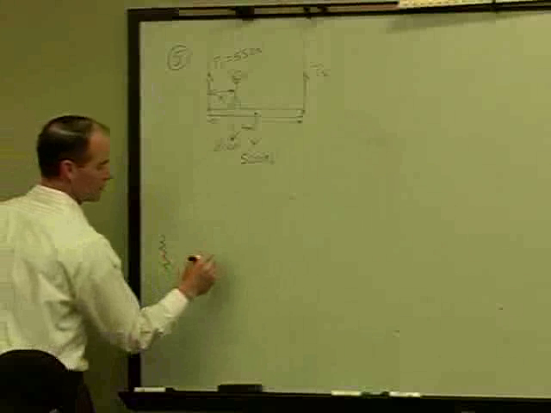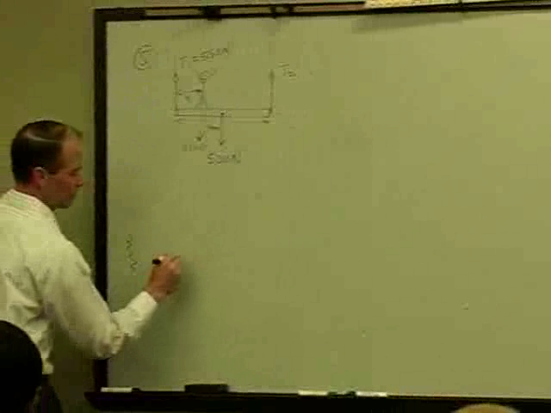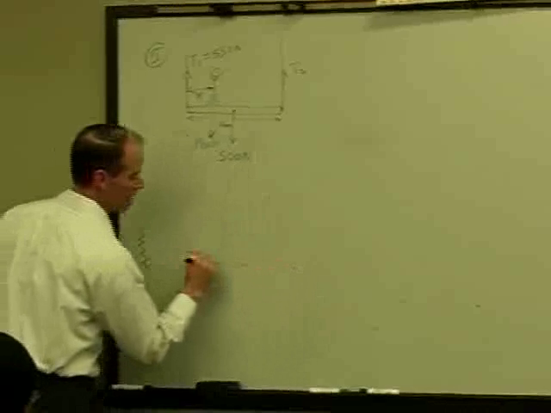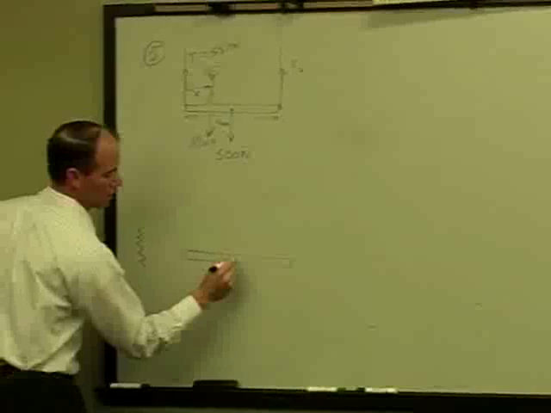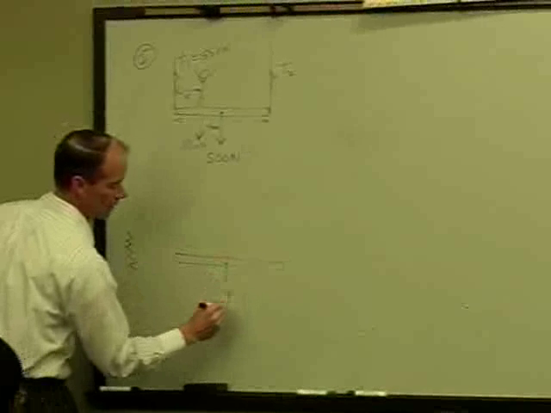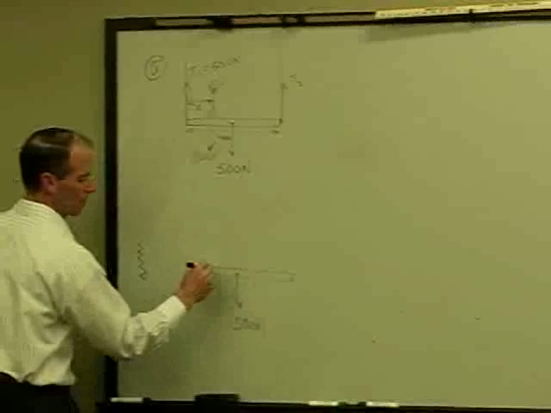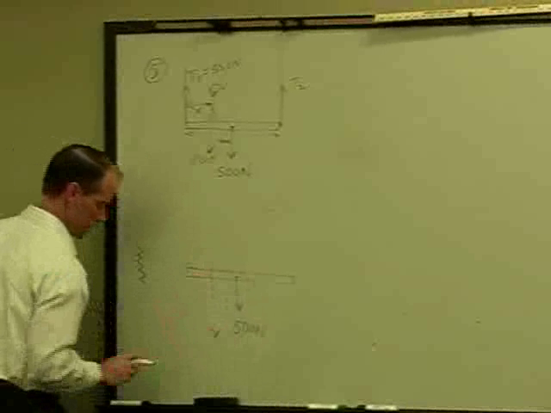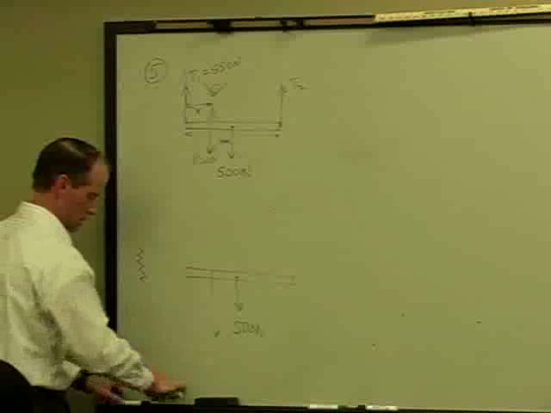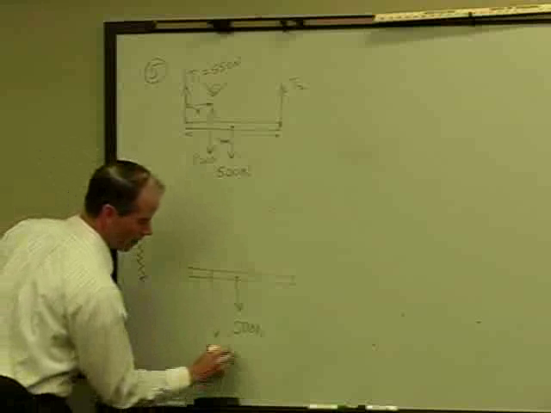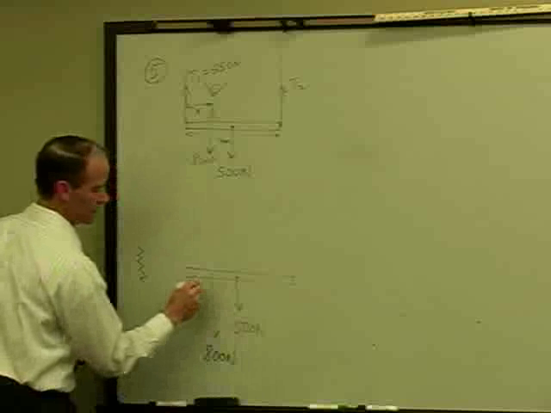Let me redraw this free-body diagram for the scaffolding. We've got its weight, 500 newtons here. We've got the worker, 800 newtons here, distance x away.